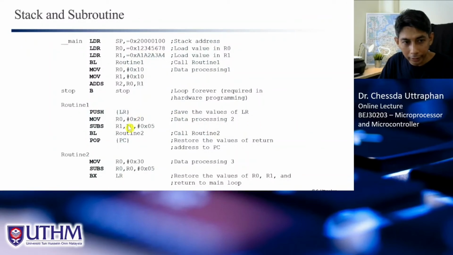So that is why, when you have a subroutine like this and you want to call another subroutine inside a subroutine, you need to save the LR, or the return address, in the stack first, so that you can use another BL in this subroutine.